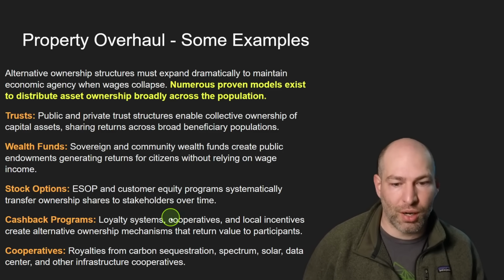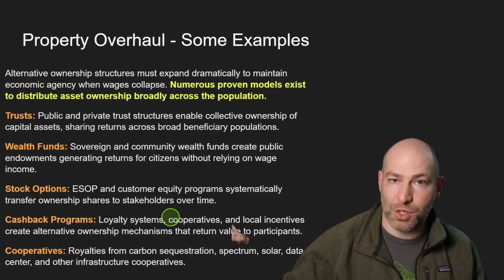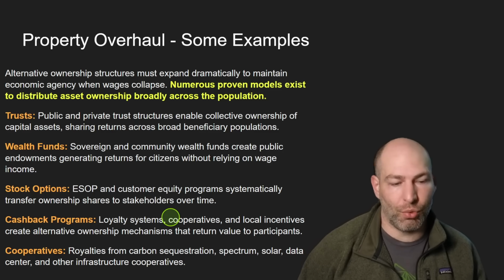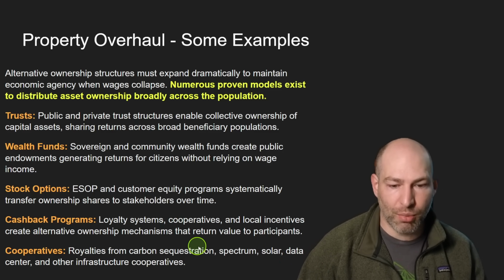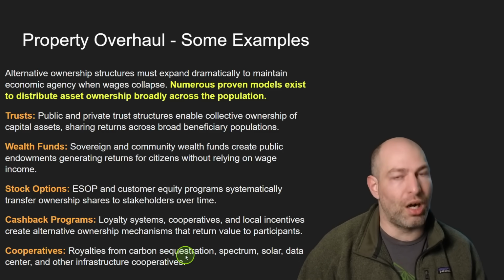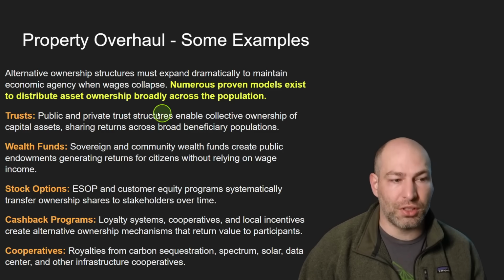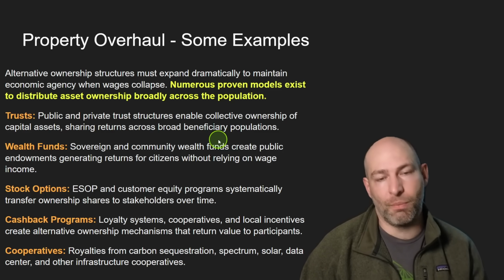Those are loyalty programs, and other local incentives. So, for instance, getting more cash back if you spend locally, or participate in circular economies. Cooperatives, so royalties from carbon sequestration, spectrum, solar, data centers, and other infrastructure cooperatives. All of these exist. And these are just 5 of the 16 interventions that I've identified so far.